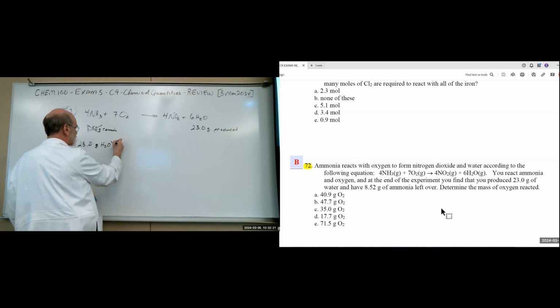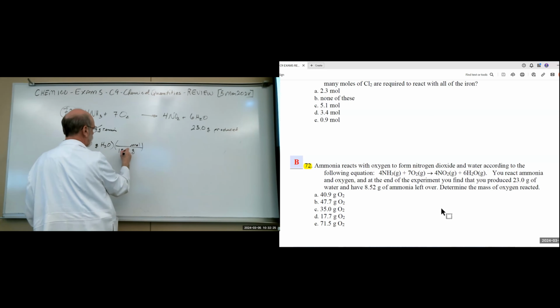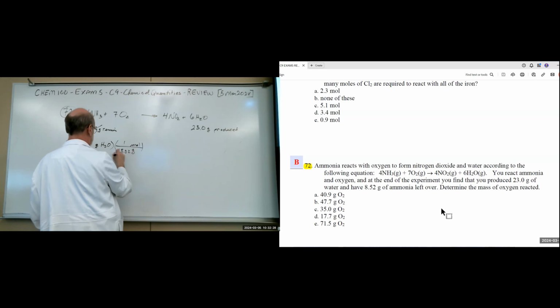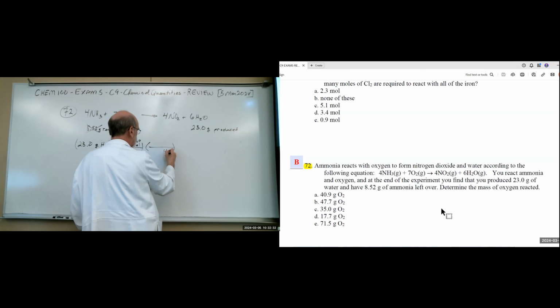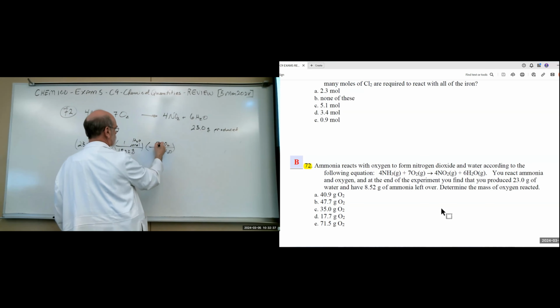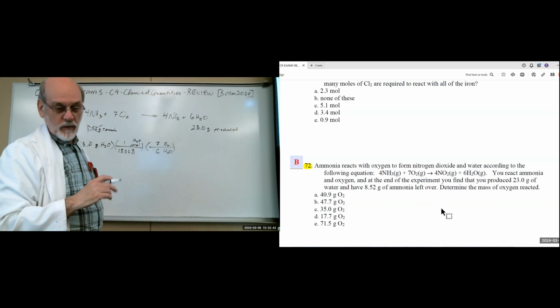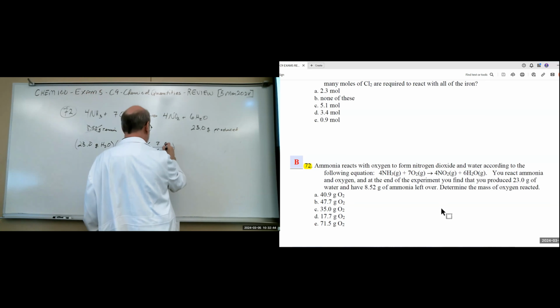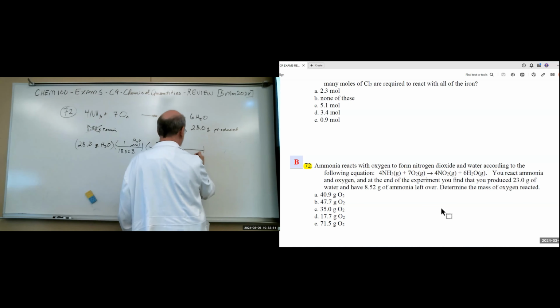Okay, we're going to convert this to moles of water. Grams, moles, this is 18.02. Okay, so this is moles of water. Now we're going to convert moles of water to moles of oxygen. So water is 6, oxygen 7. And they want to know the mass of oxygen. So now that we know the moles of oxygen, we can convert moles to grams.